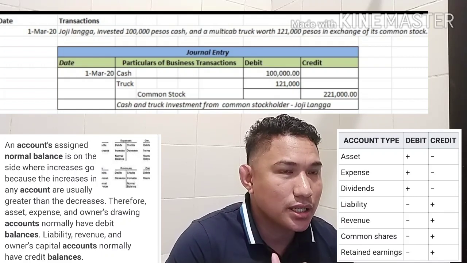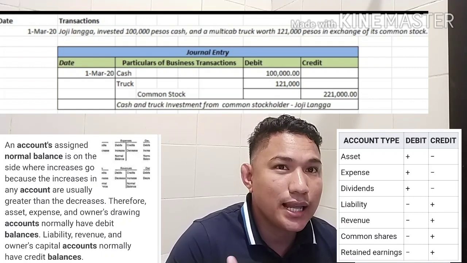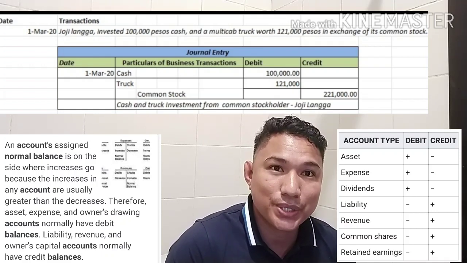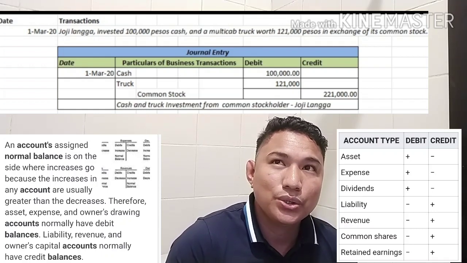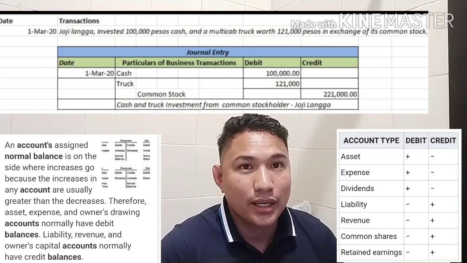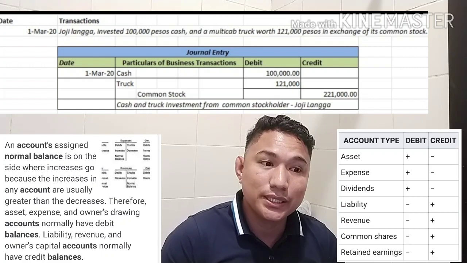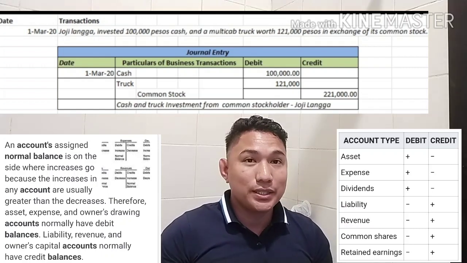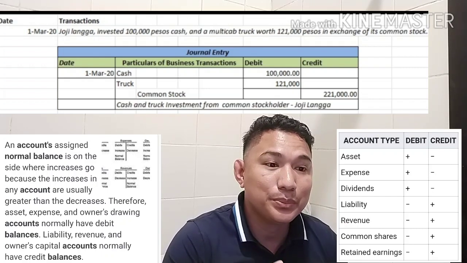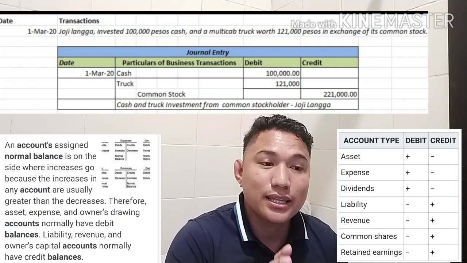So imagine Joji Langa company received a cash and a truck. Meaning the cash of the company increased by 100,000 and the truck of the company increased by 121,000. Once your asset increased, you have to put the amount in the debit side.